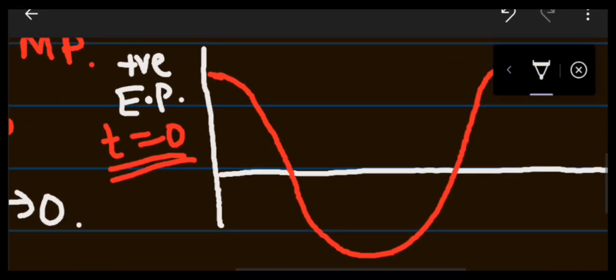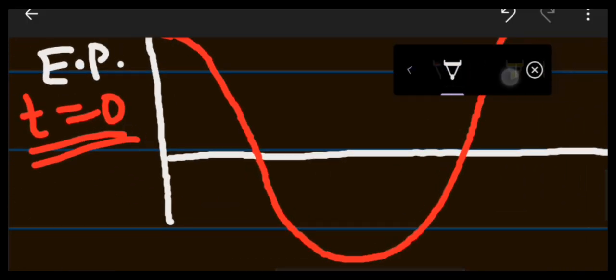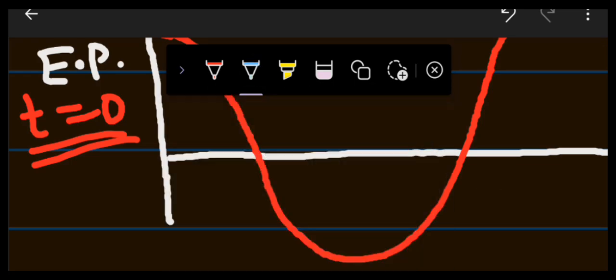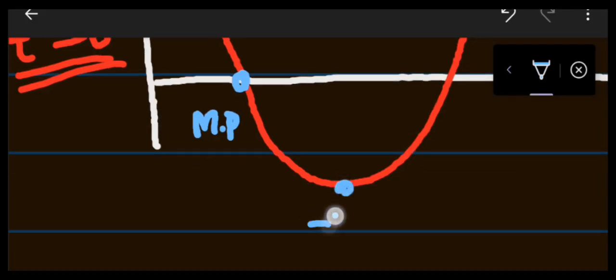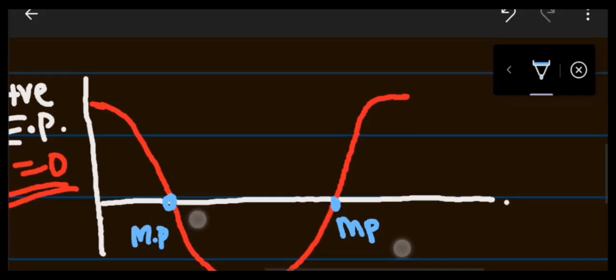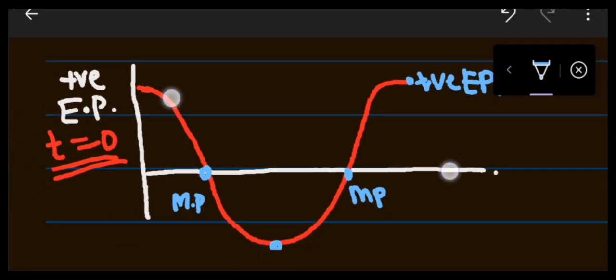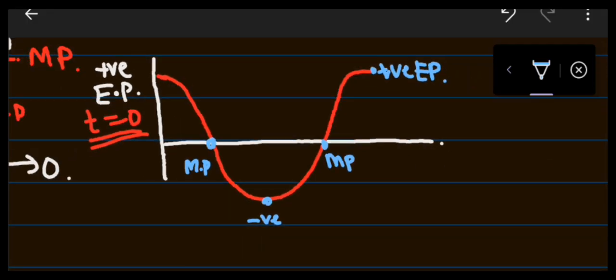Okay, so time is 0 now, then it comes down to the mean point, then the negative extreme, then the mean point, and then the positive extreme again. And I told you the cycle completes how? जहाँ से साइकिल शुरू किए वहीं खत्म होनी चाहिए. This is how the cycle completes.